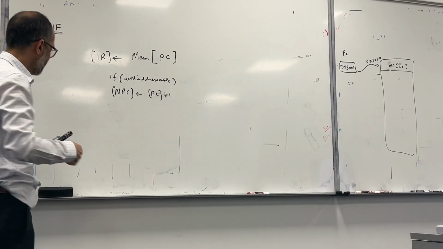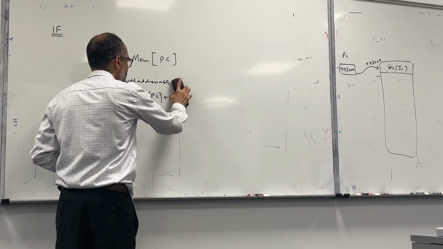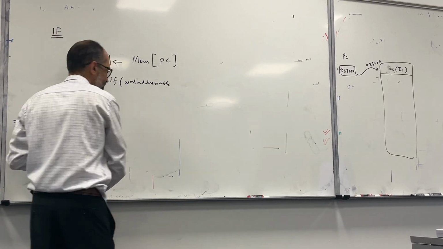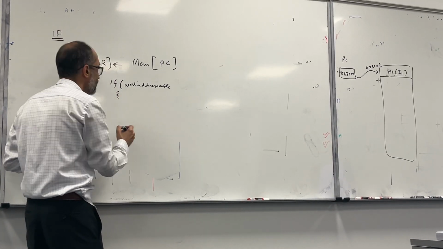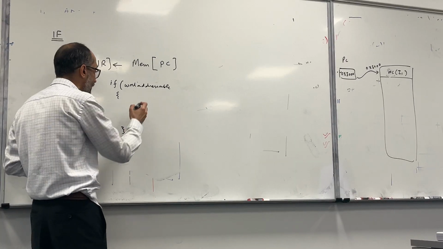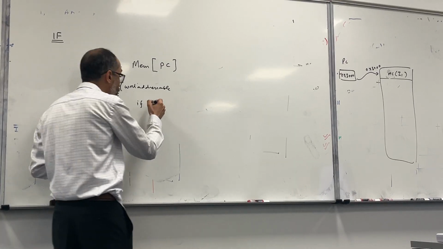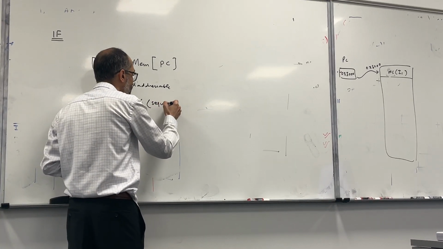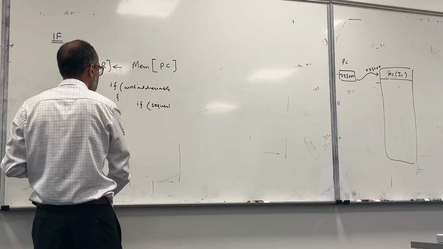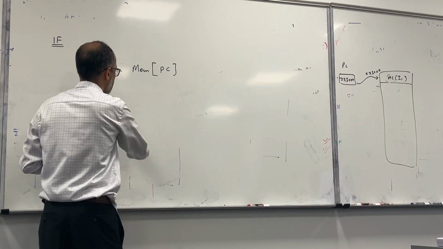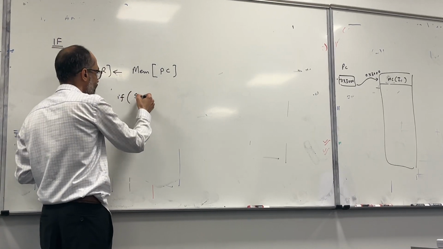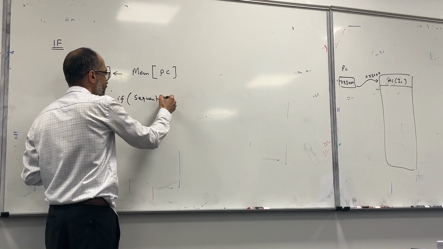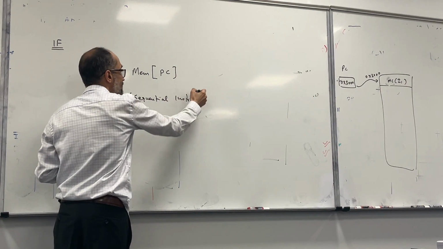Again, if word addressable, there are multiple assumptions. If word addressable and if sequential instruction, please remember. Now I'll make it a little bit different because this is tricky. What is a sequential instruction?